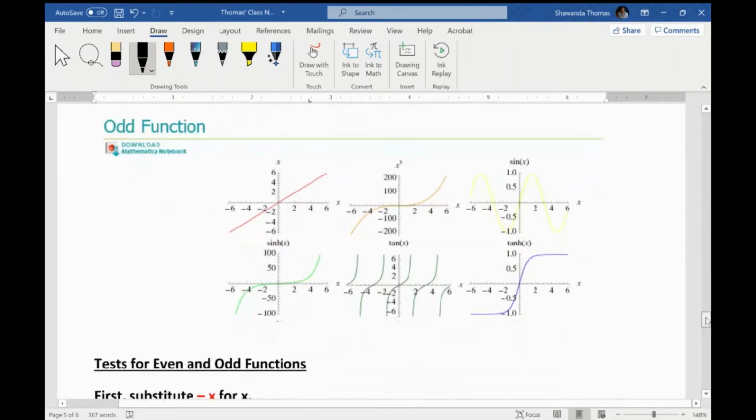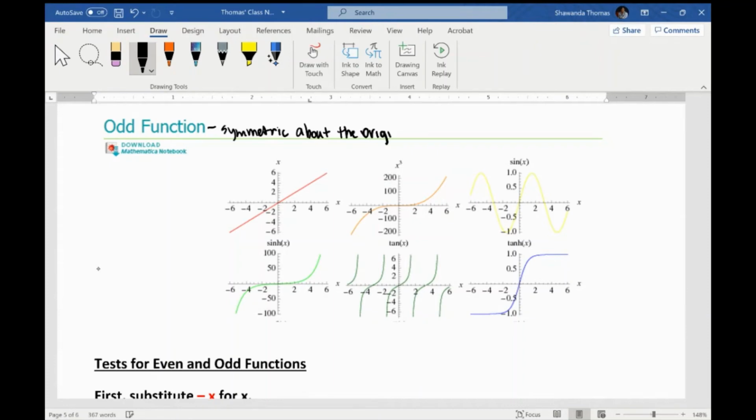Odd functions. Can you fold it across the y-axis and it does the same thing for these? No. Nope. All right. I'm gonna go ahead and tell you, odd functions are symmetric, and this is how they say it sometimes or write it out. Symmetric about the origin. I know that sounds weird, but sometimes you hear it like that.